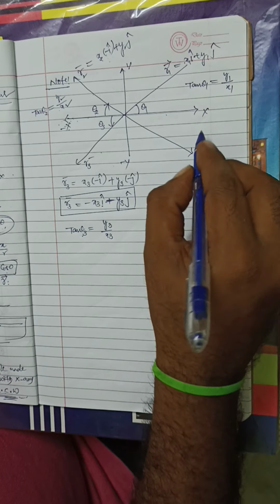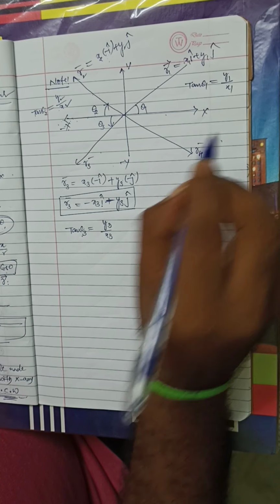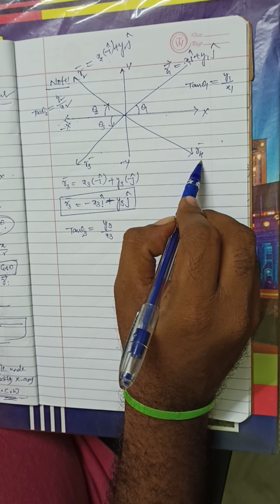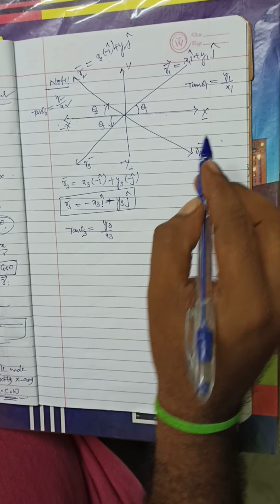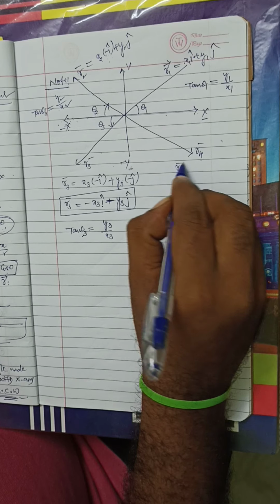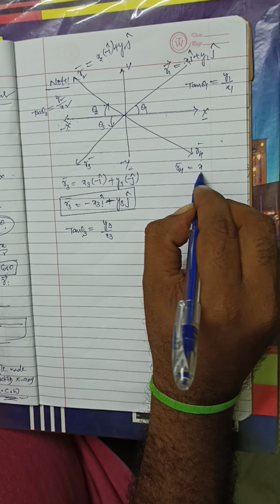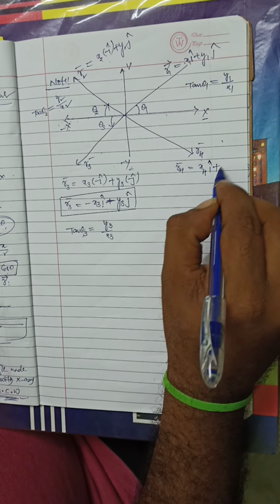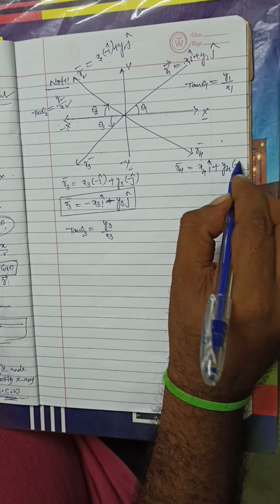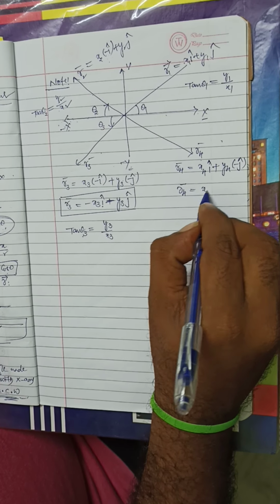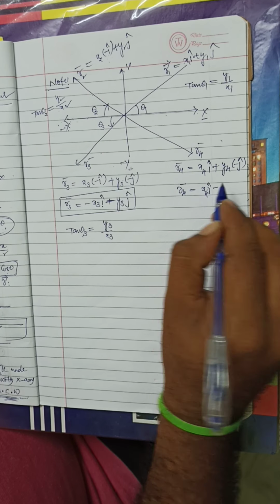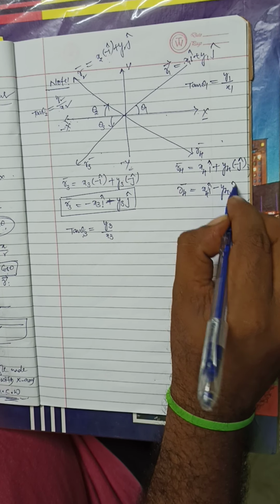So the last one is r4 bar. This is a vector in the fourth quadrant, means x component is positive, y component is negative. So therefore r4 bar is equal to x4 i cap minus y4 j cap.